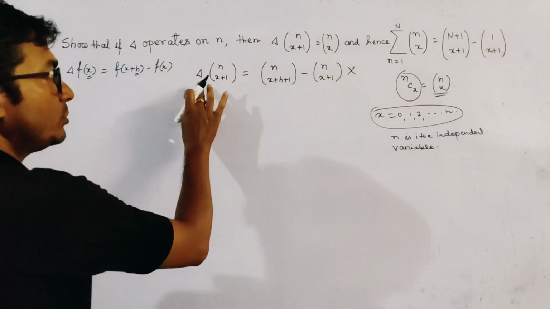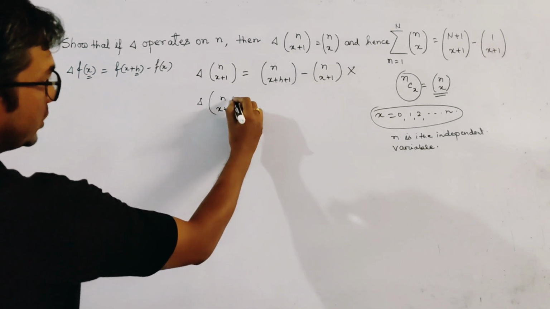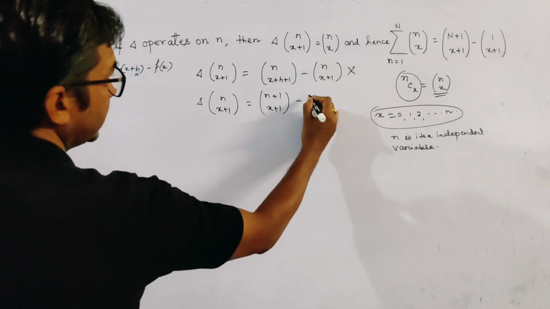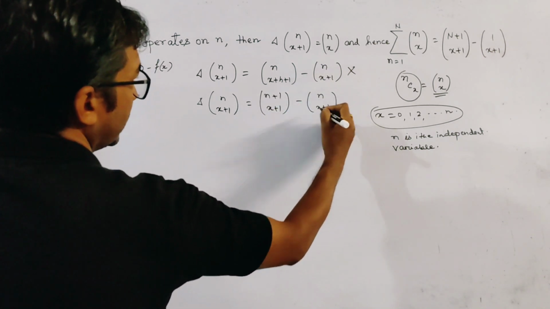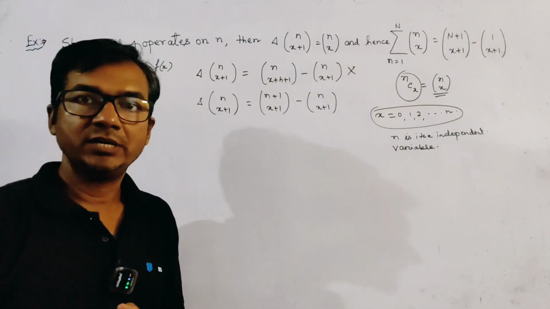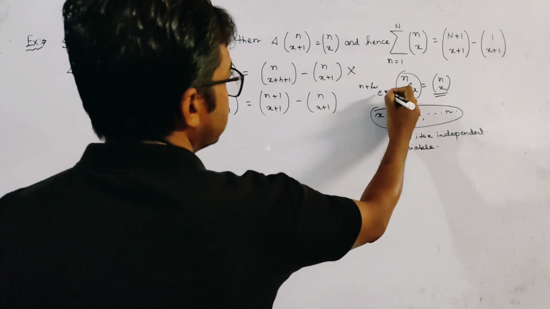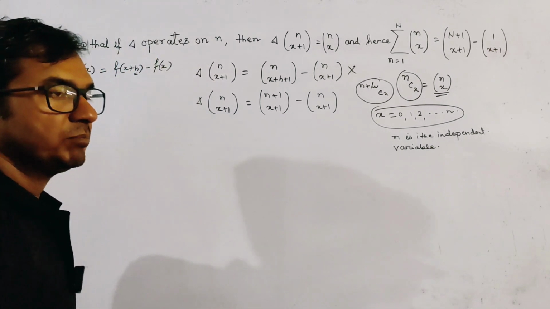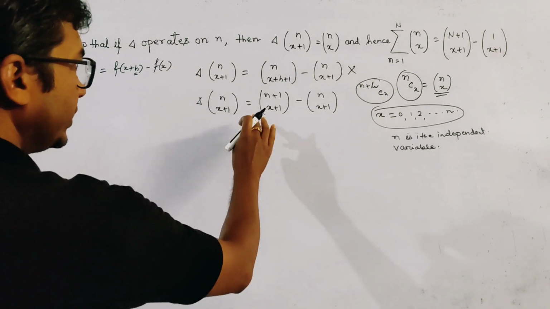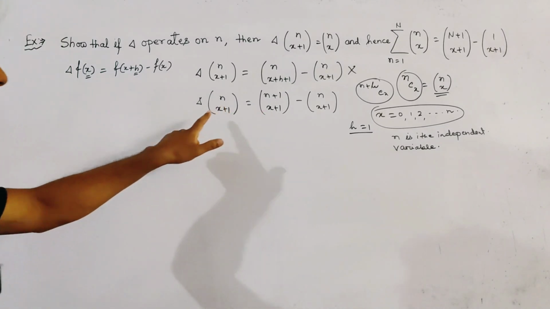So the correct definition of delta nC(x+1) is (n+1)C(x+1) minus nC(x+1). If the step length is h, then h may be a fraction, but n+h choose x is not defined, because it is defined only for positive integral values. So here we take the step length h equal to 1, and this is the definition of delta.